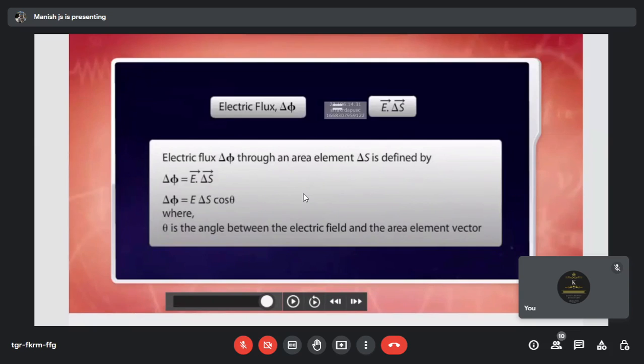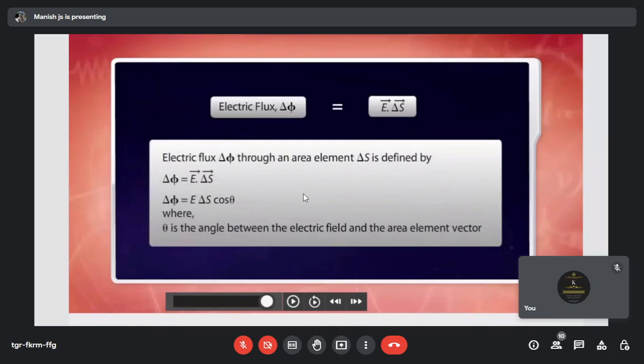That's all. So now you can also find out for what angle theta the electric flux will be maximum. For what condition of theta will the electric flux be maximum? For theta equal to zero. Yes. Because if you look at the values of cos theta, it ranges from 1 to 0. Cos 0 is 1, but cos 90 is 0.